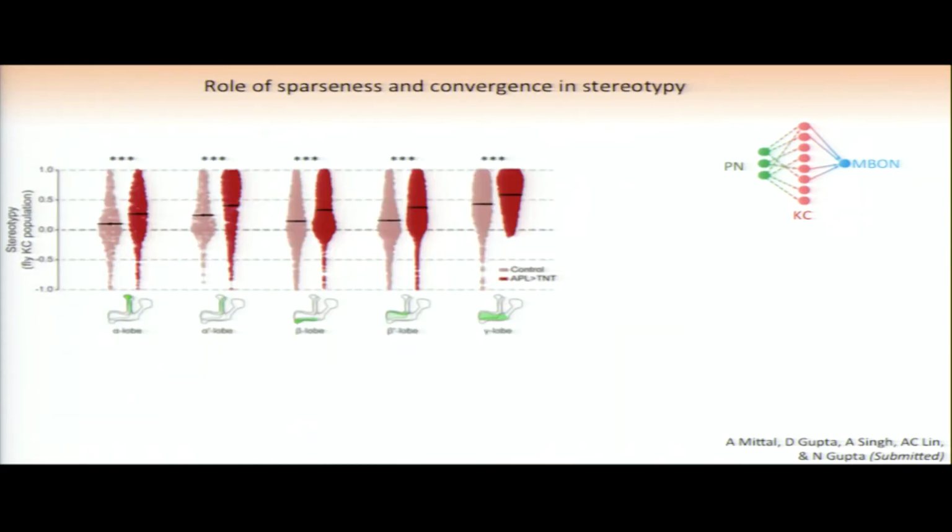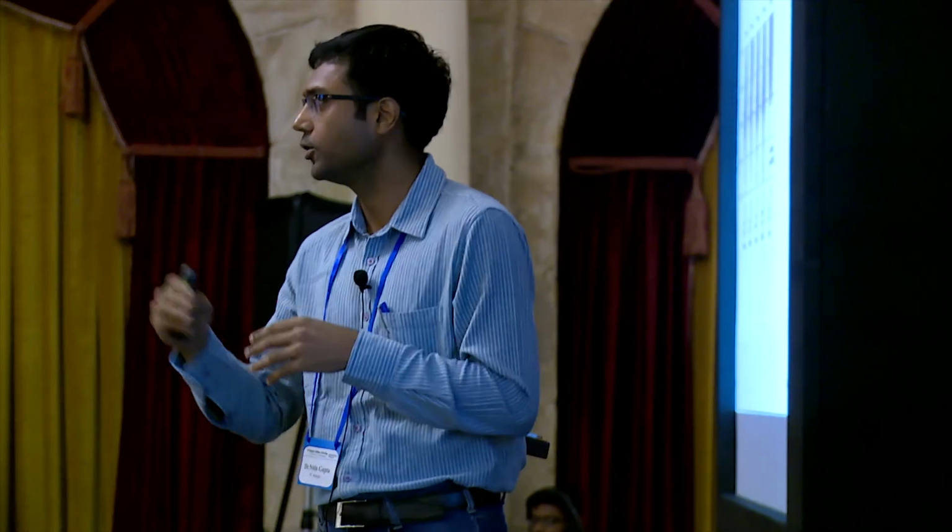We also tested this prediction in Drosophila. In collaboration with Andrew Lane at University of Sheffield, we generated Drosophila flies in which a neuron that limits the amount of activity was mutated or inactivated, and in that case we found that the stereotypy increased.